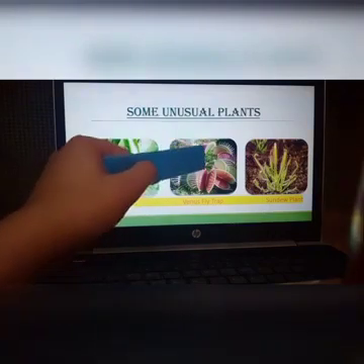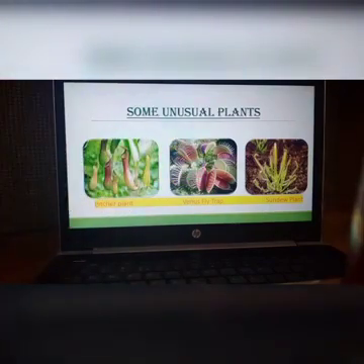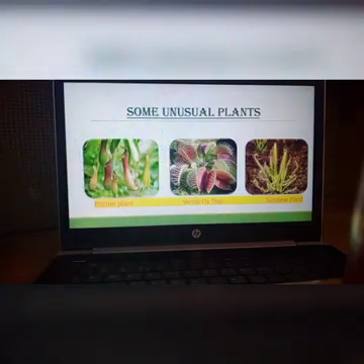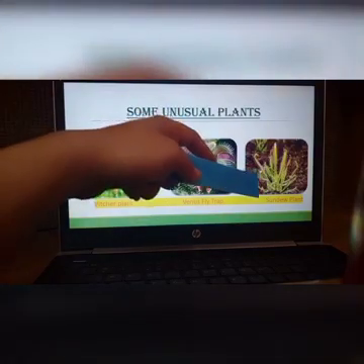Same in this plant, this plant traps the insect inside its structure, and then the nutrients go into the plant's body.